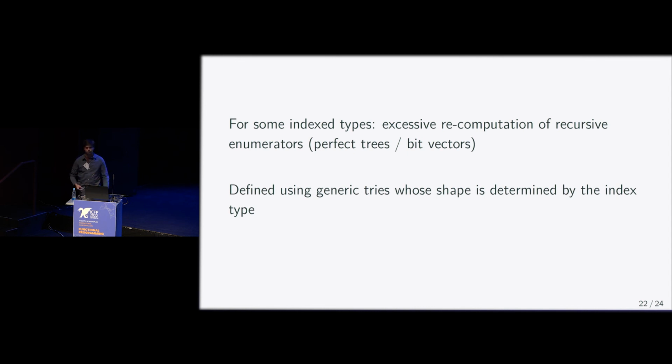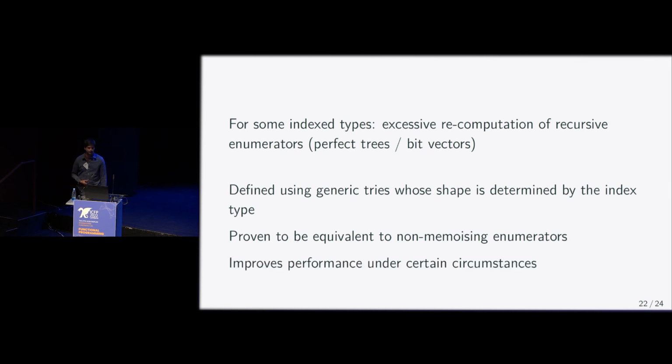And if you call this function with the same index more than one time, then the result will be cached. We have shown that this is equivalent to the non-memoizing enumerators, and under certain specific circumstances, you get a performance gain if you enumerate index data types, which is pretty cool, I think.